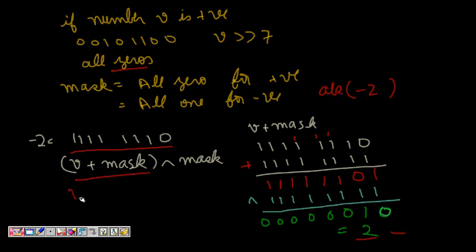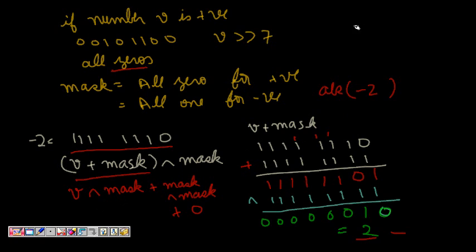What is happening is v XORed with the mask. We might try to write it as v XORed with the mask, and then XORed with the mask again. A number XORed with itself becomes 0, and for a positive number the mask is all zeros, and for a negative number it is all ones.